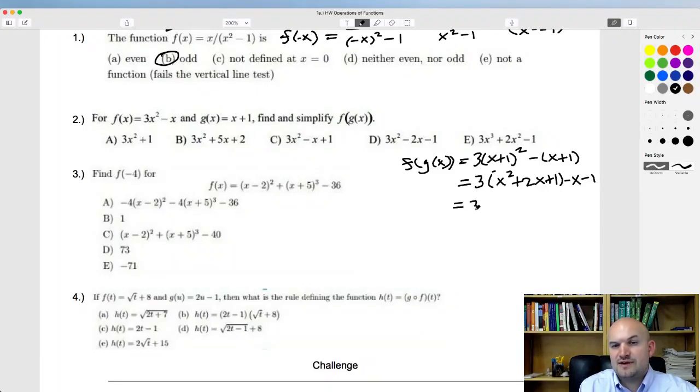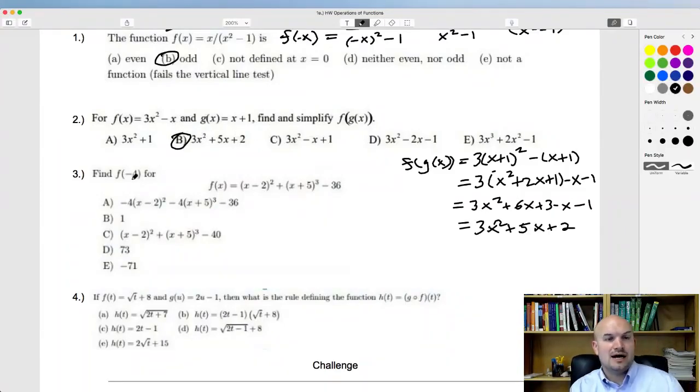So therefore, I'd have 3x squared plus 6x plus 3 minus x minus 1. And then let's do this: 3x squared, 6x minus x is going to be a positive 5x, 3 minus 1 is a positive 2. And let's go and see. It looks like we have answer B again.